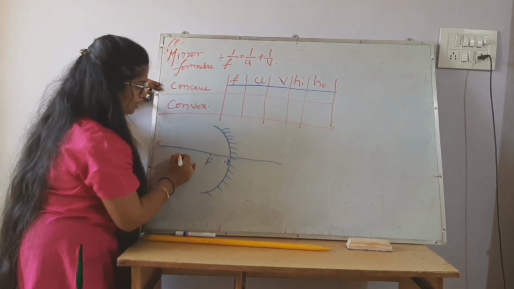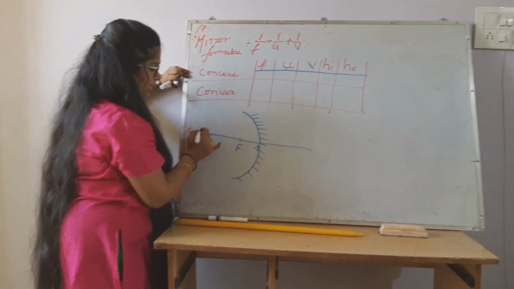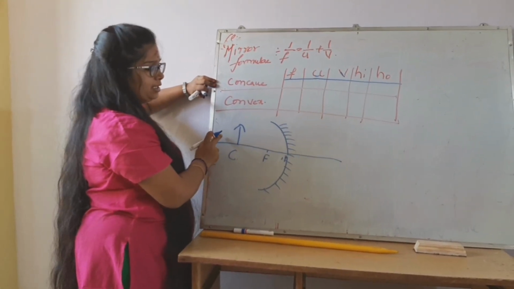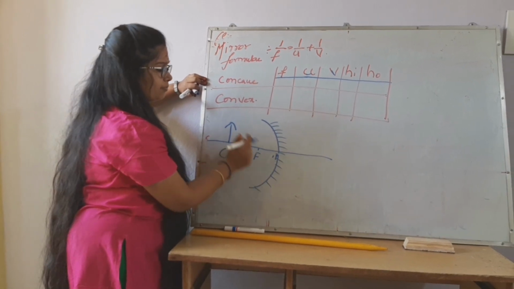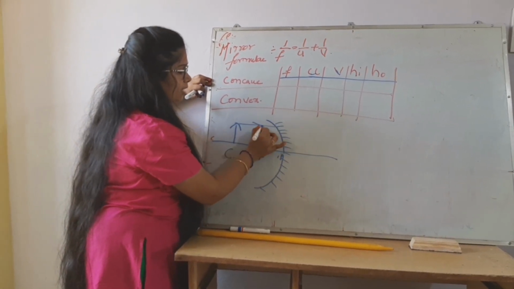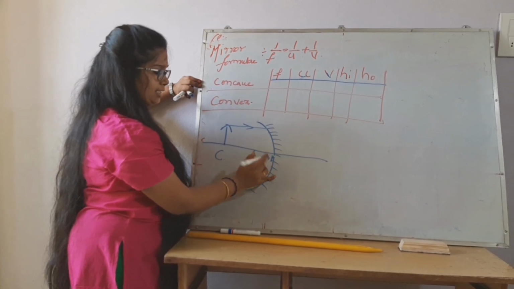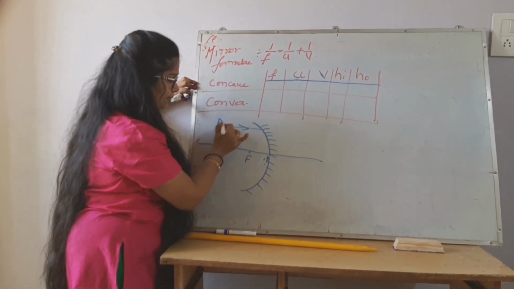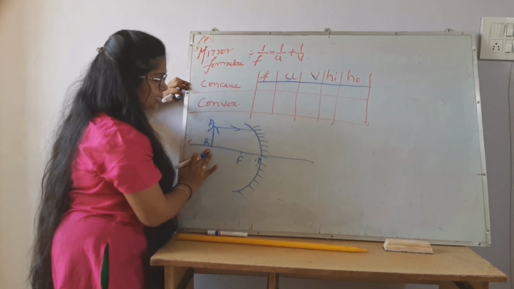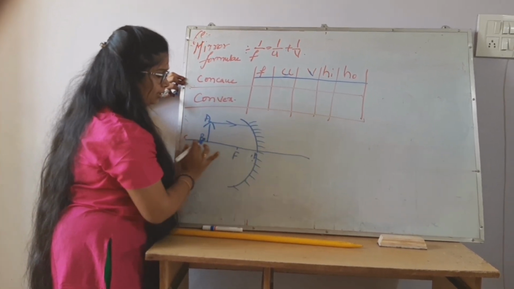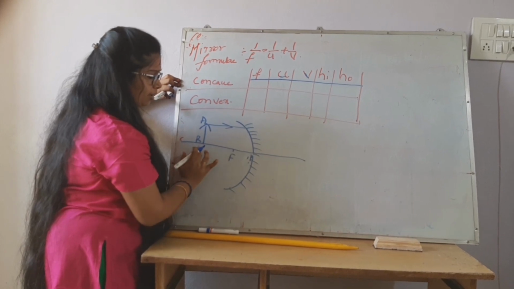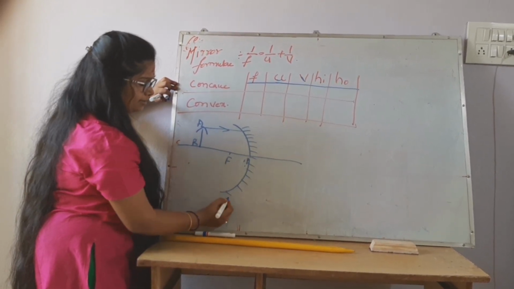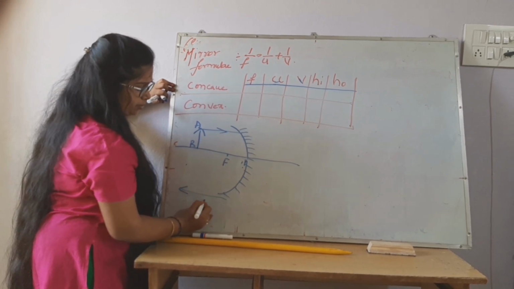Focus, center of curvature. If I keep the object here, the incident ray will be in this way. The object distance will be from P to AB, suppose. From here to here the object distance will be, means in the reverse direction. Like this the object distance, U.